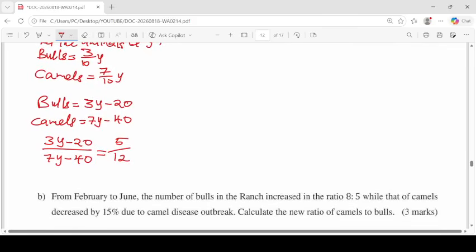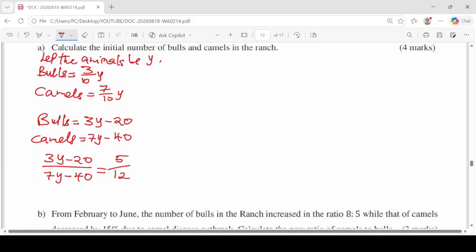What do we do here, ladies and gentlemen? We are going to do what is called cross multiplication. Let us cross multiply this. So when you cross multiply, we get 12 into 3y minus 20 equivalent to 5 into 7y minus 40.